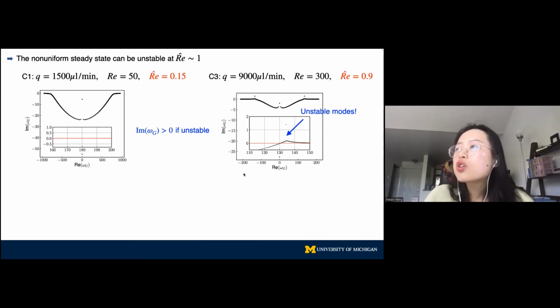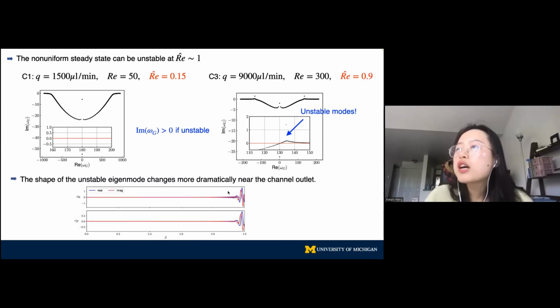We can also extract the eigenfunctions of a few unstable modes, and what we observe is that the eigenfunction has an interesting shape. The shape changes more dramatically near the channel outlet. That could explain why the oscillation near the channel outlet is more violent, which further explains the experimental observation that the dye always breaks up first near the channel outlet.